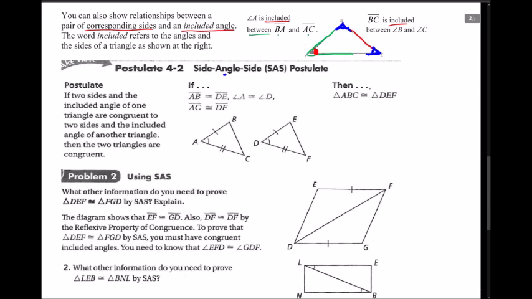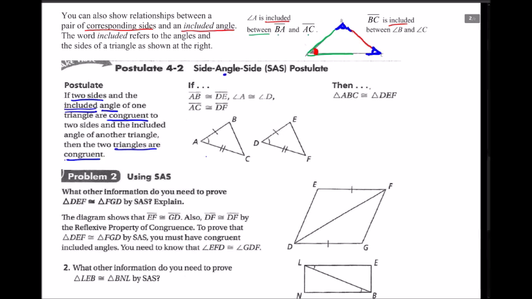It is included between those 2 sides. So what this postulate says, if 2 sides and the included angle of one triangle are congruent to the 2 sides and the included angle of another triangle, then your triangles are congruent.